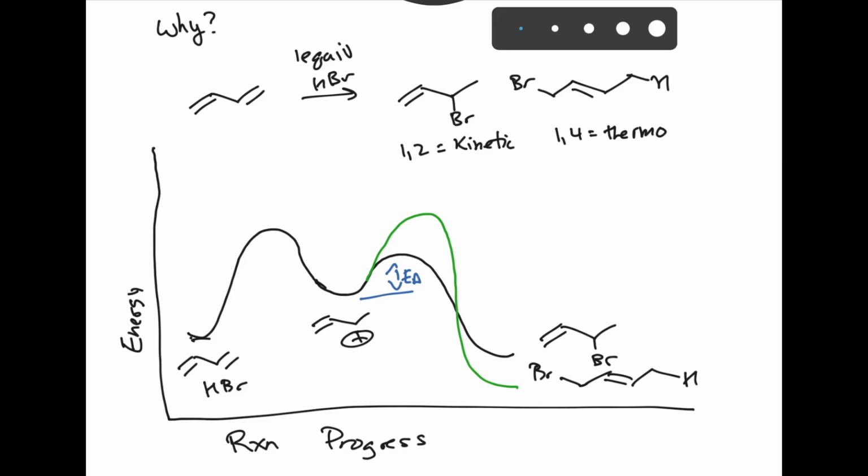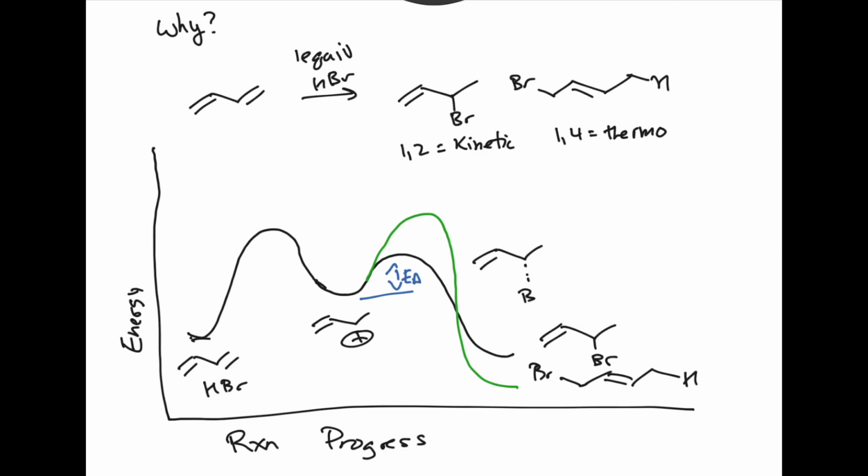So our transition state on the black path involves our Br minus making a bond to a secondary carbocation, versus the green path, which involves our bromine making a bond to a primary carbocation. Primary carbocations, even though it's allylic, are going to be less stable than secondary carbocations.